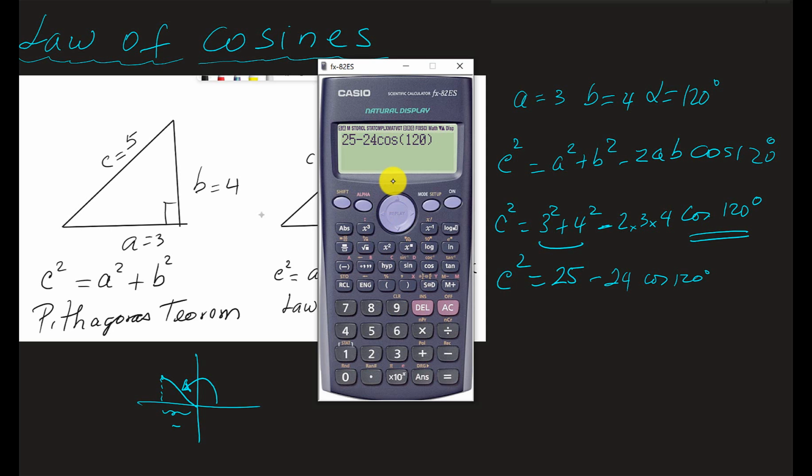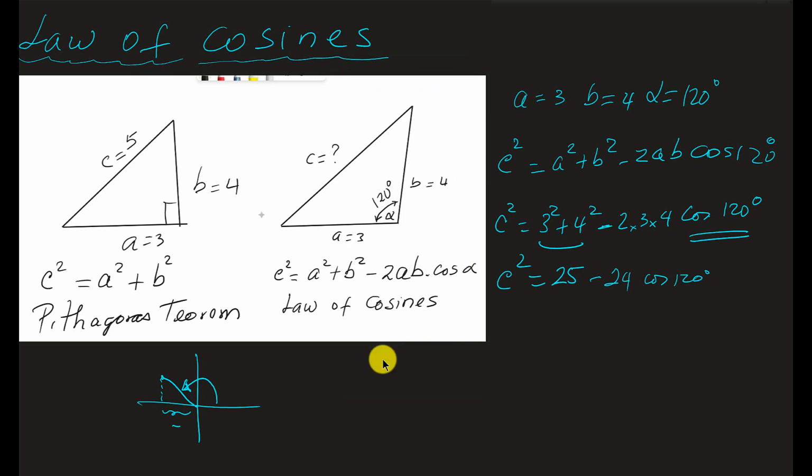Remember I told you that this was going to give a positive contribution because the cosine is a negative number, and see, it's going to give more than 25, equal to 37. Then, since C squared is equal to 37, then C is the square root of 37.